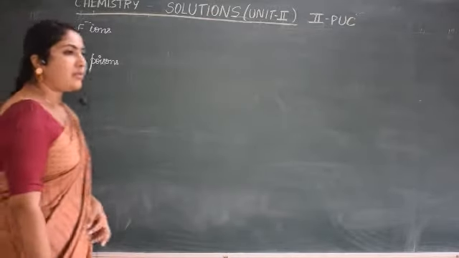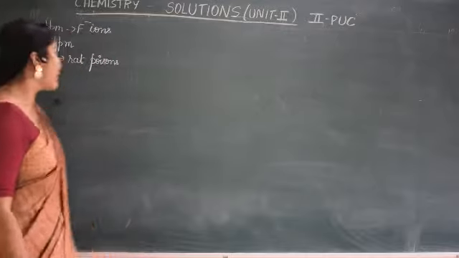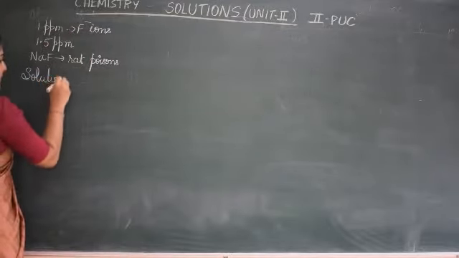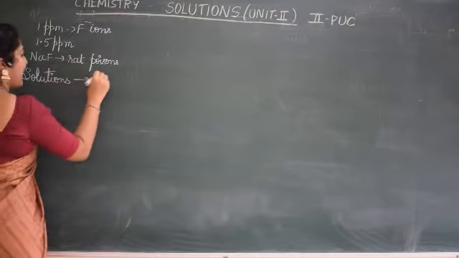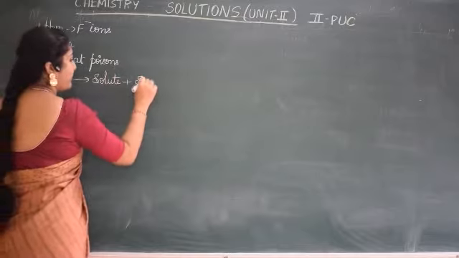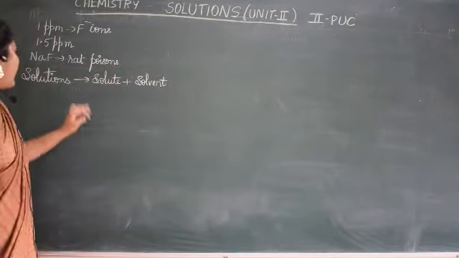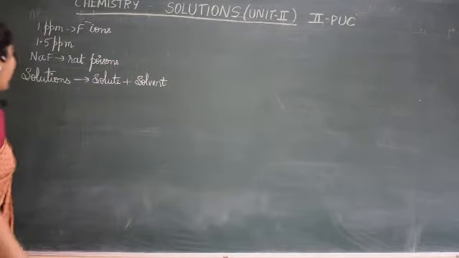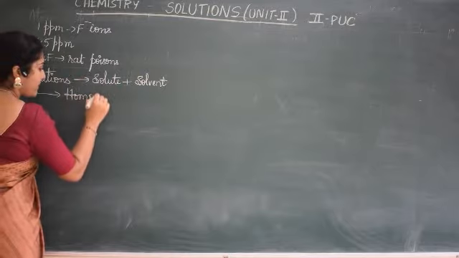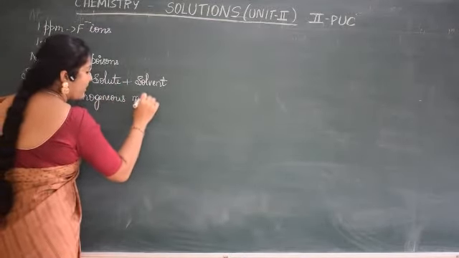If I have to tell you the definition of solutions, we say these are homogeneous mixtures. Solutions constitute solute plus solvent. Yes, it is a homogeneous mixture, we say. When we say solutions are homogeneous mixtures, what does that mean?